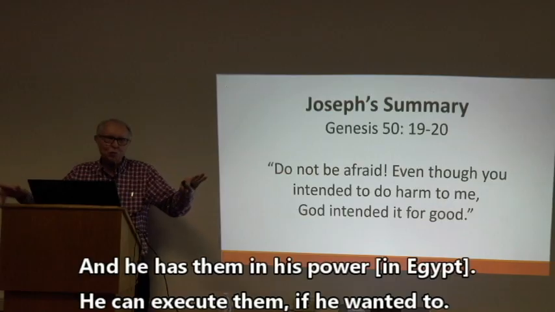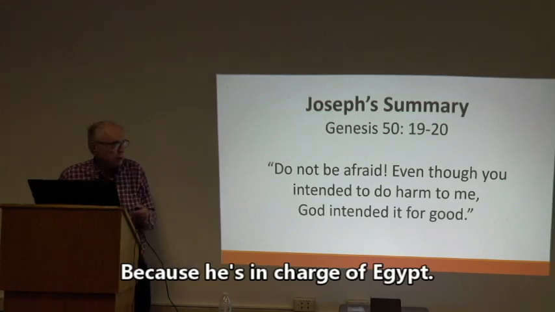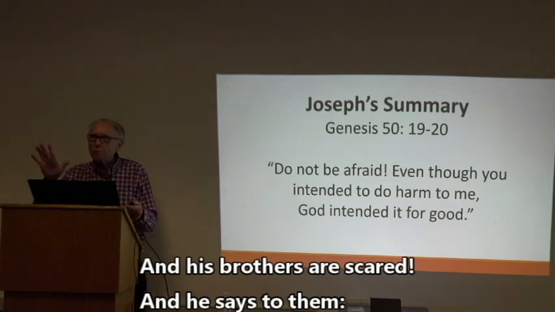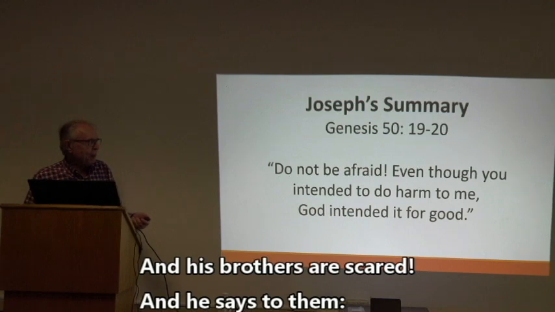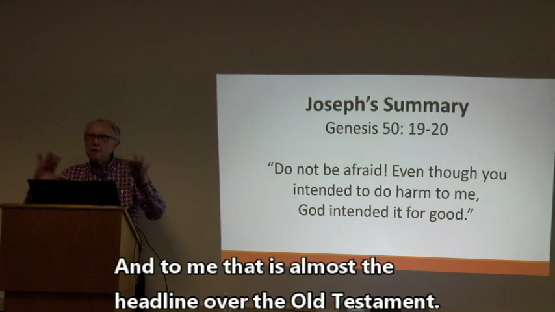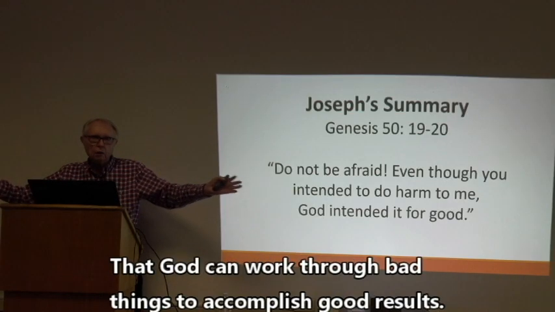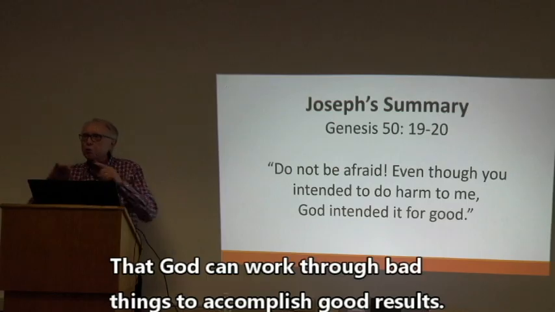He can execute them if he wanted to, because he's in charge of Egypt. And his brothers are scared, and he says to them, "Do not be afraid. Even though you intended to do harm to me, God intended it for good." To me, that is almost the headline over the Old Testament. That God can work through bad things to accomplish good results.